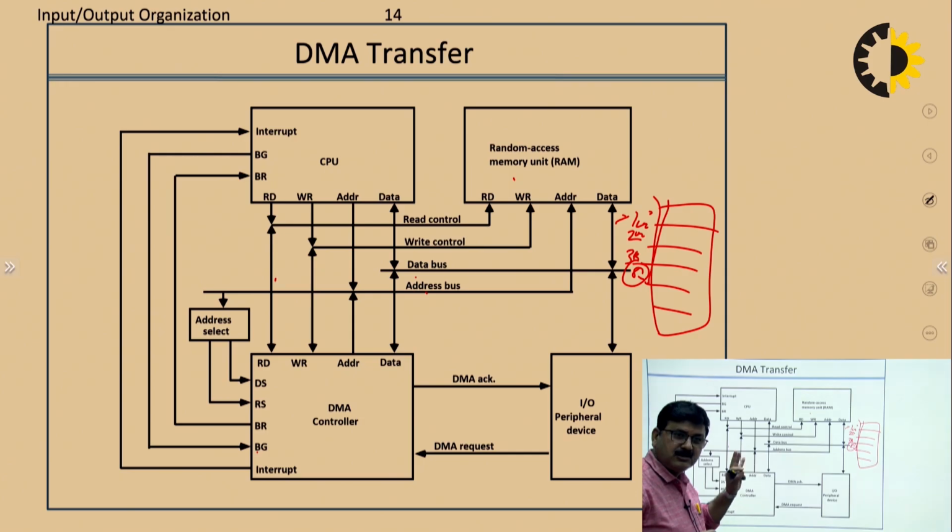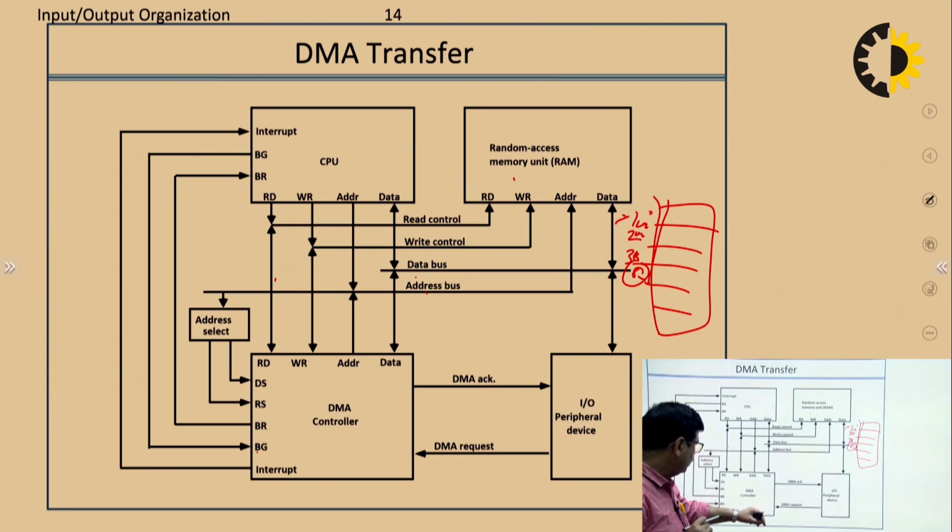There are 3 registers I told you in the previous slide. After that, the bus grant signal is given to the DMA. Now the CPU hands over all the bus control to the DMA, and DMA acknowledges the input output peripheral devices that now I am ready to take or send the data.